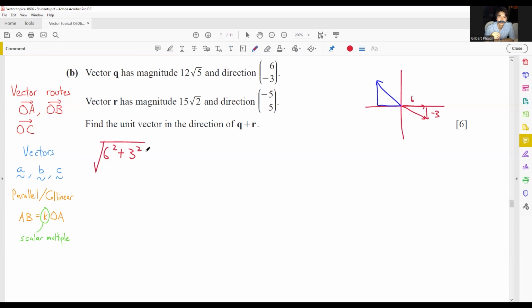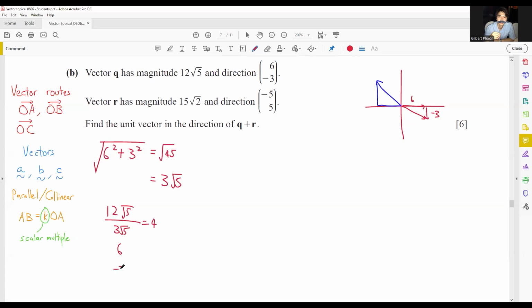Square root this answer, you would have root 36 plus 9, 45, which gives us a value of 3 root 5. As you can see, the real magnitude of Q is 12 root 5. So there is a multiplier of 4, or you can say that you use 12 root 5 divided by 3 root 5. The multiplier here is 4. This 4 will be multiplied with the direction.